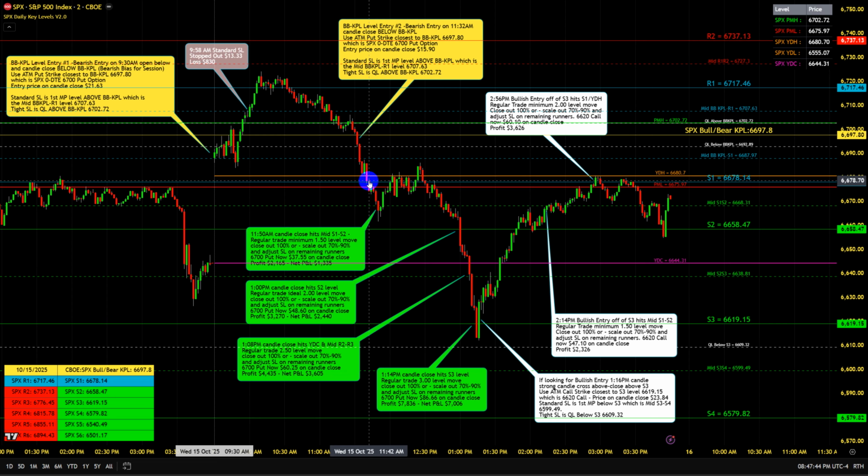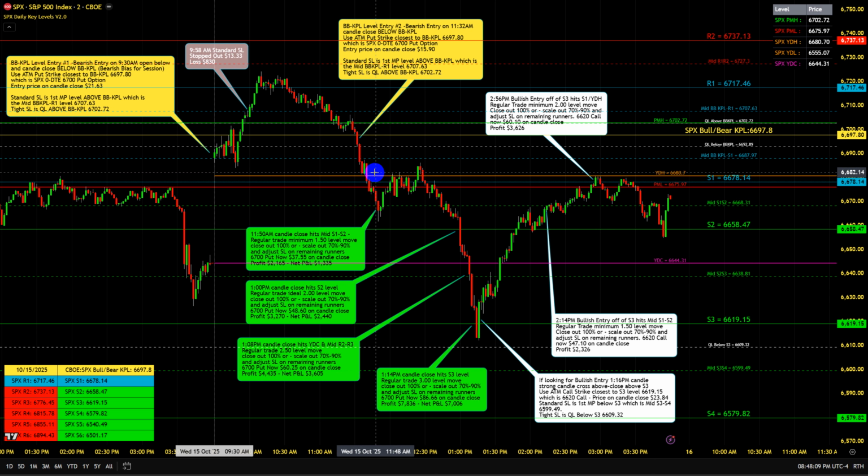Now, for those of you who like to do regular trades where you're looking for a bigger profit, a bigger move, and also the ability, if you're trading multiple contracts, to scale out of contracts and adjust your stop loss on remaining runners, then the minimum move you're looking for is a 1.5 level move.